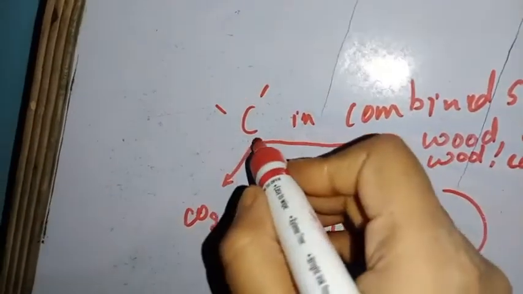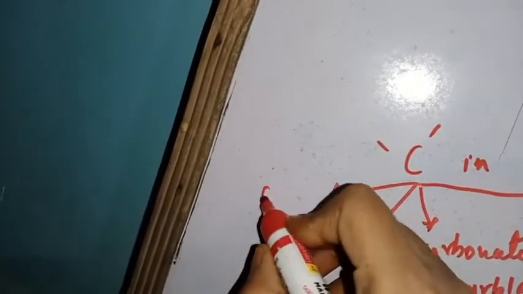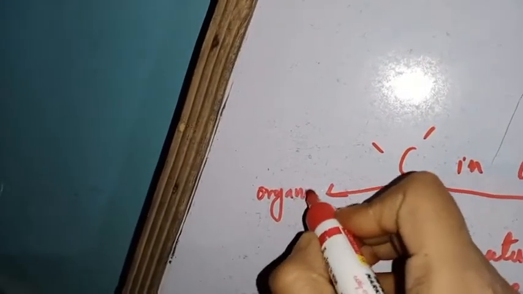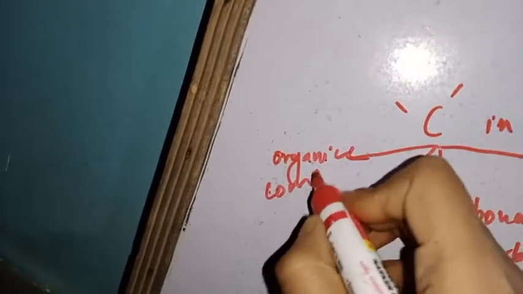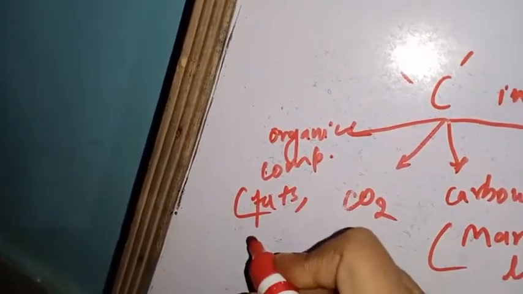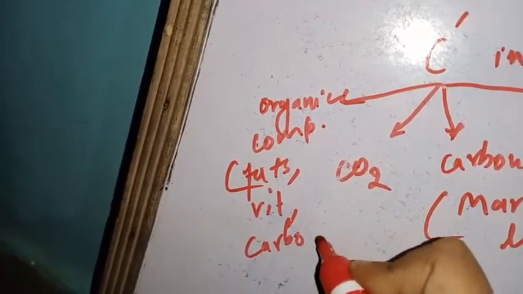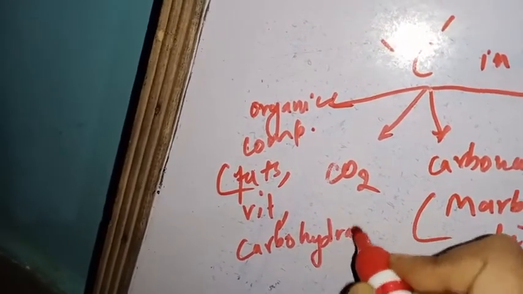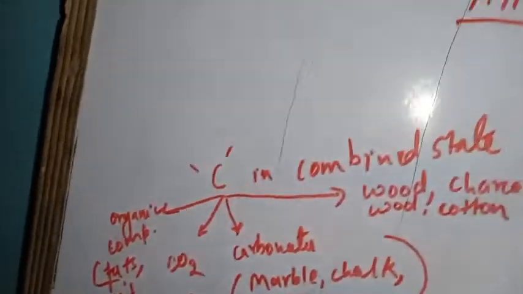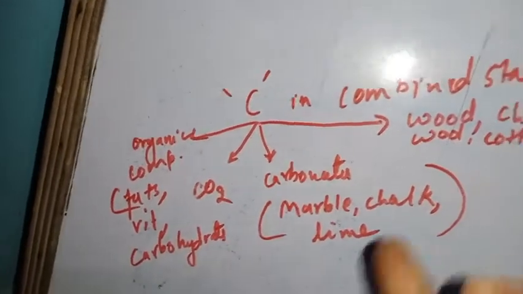It is also found in the form of organic compounds, like all the biochemicals like fats, vitamins, then carbohydrates. So carbon is also found in combined state in these forms.